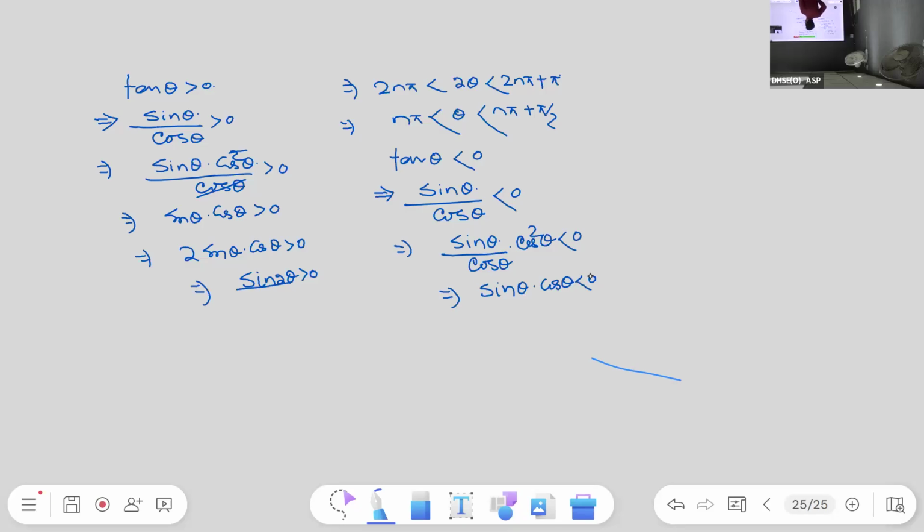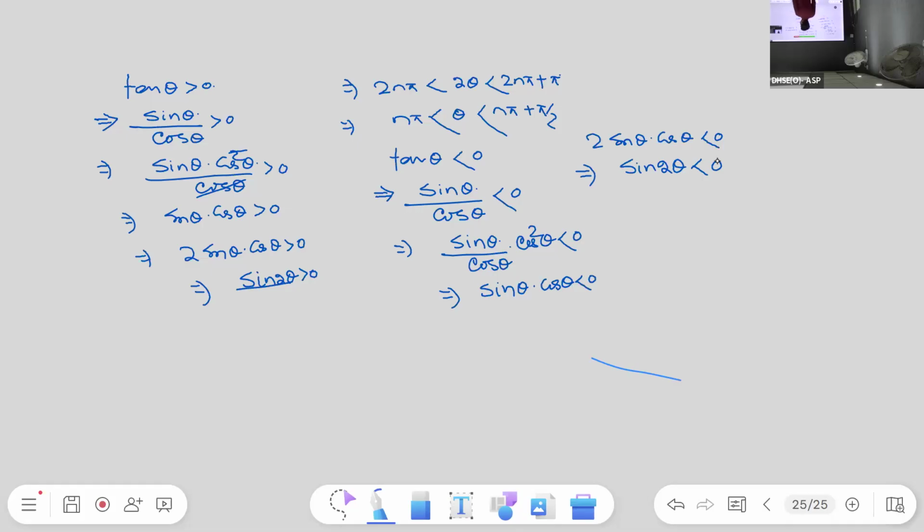On multiplying 2 to both sides of the inequality, 2 sin theta into cos theta less than 0. This implies sin 2 theta less than 0.